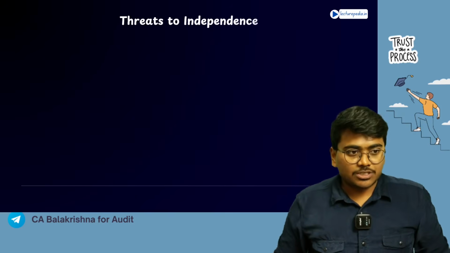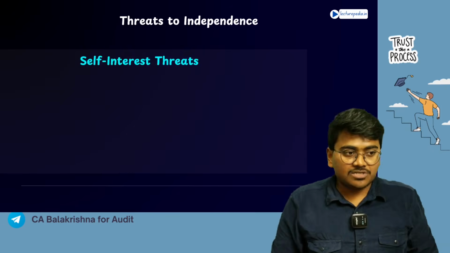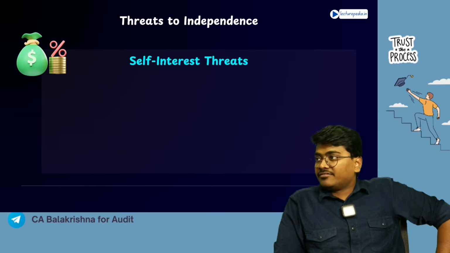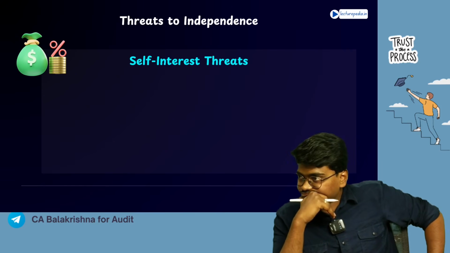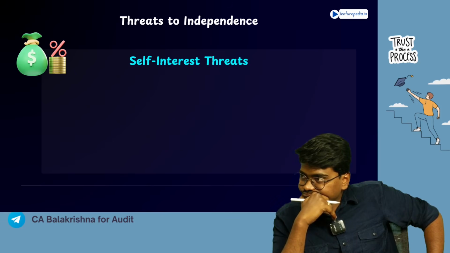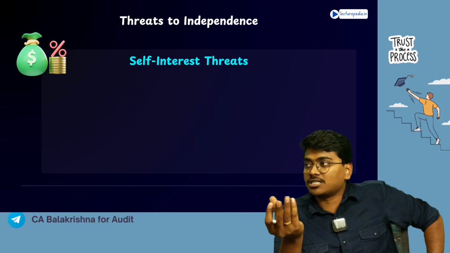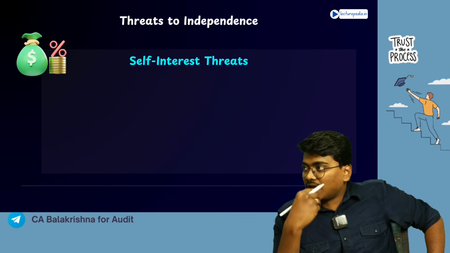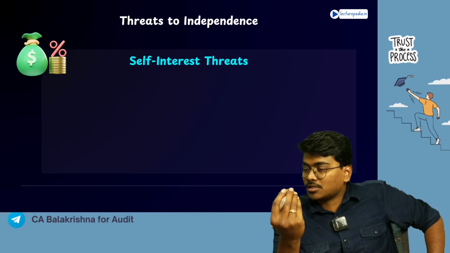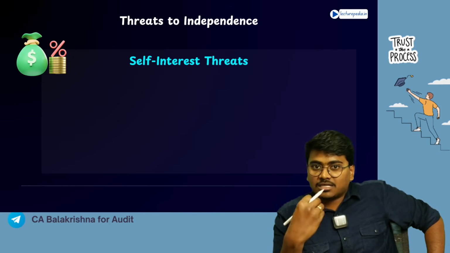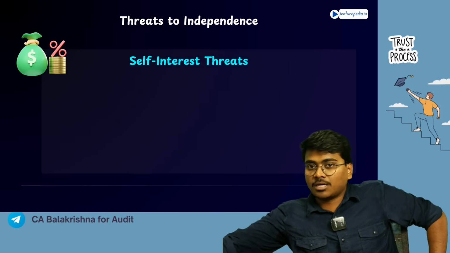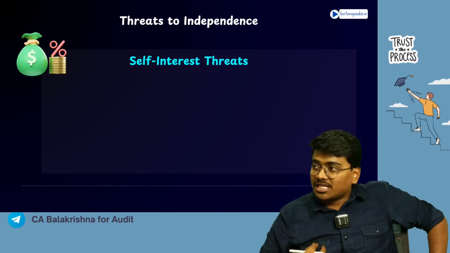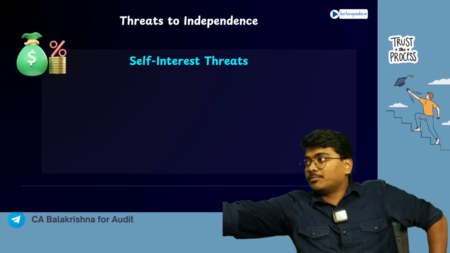So the first threat to independence is self interest threat. Self interest threat means, for example, the auditor has invested in the shares of the company. Now he will be interested in that company, right?